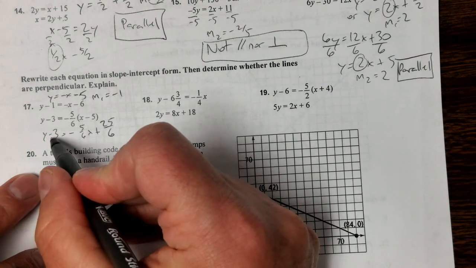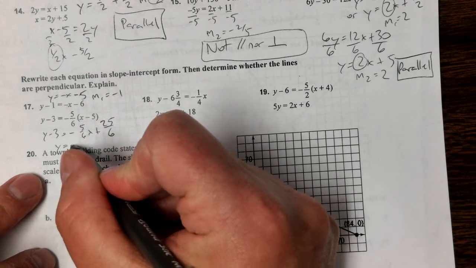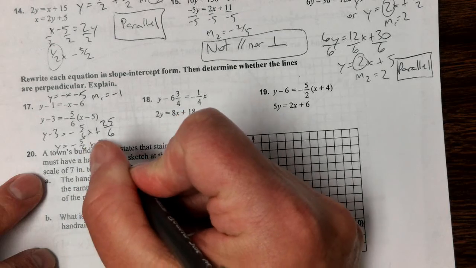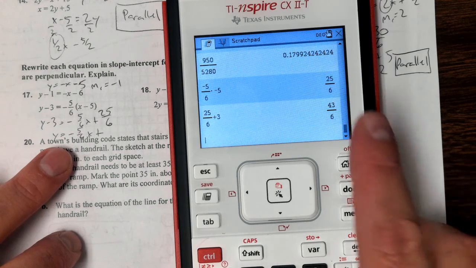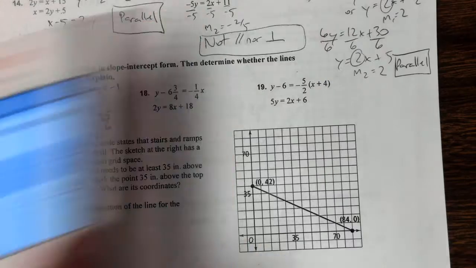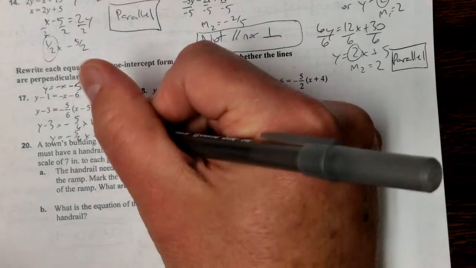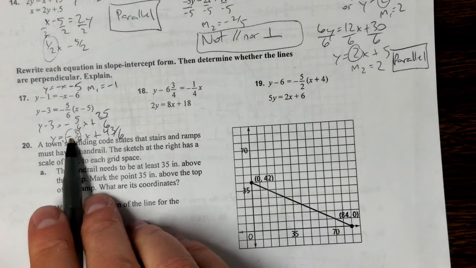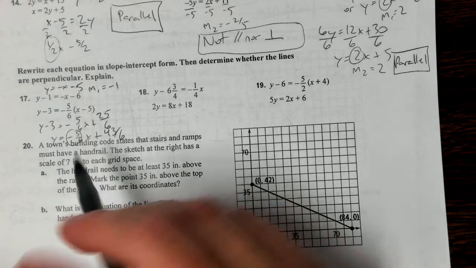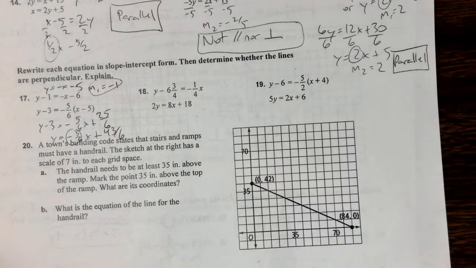Then from that, we want to add 3 to both sides. And so we take our 25/6 and we add 3. That gives us 43/6. So if this is negative 5/6 and that's negative 1, they're not perpendicular.